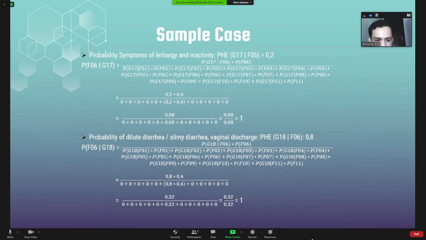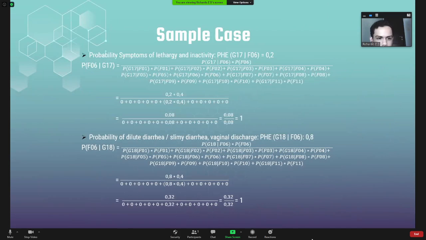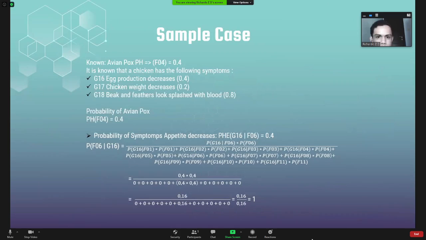The probability is 0.2, which means from G16 and F06, the possibility of getting the symptoms of F06, which is avian pox, and G17 is the chicken weight decreases.